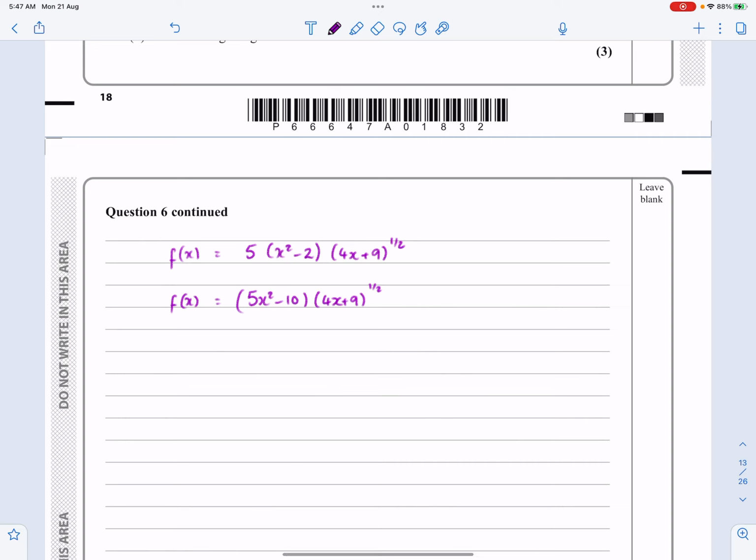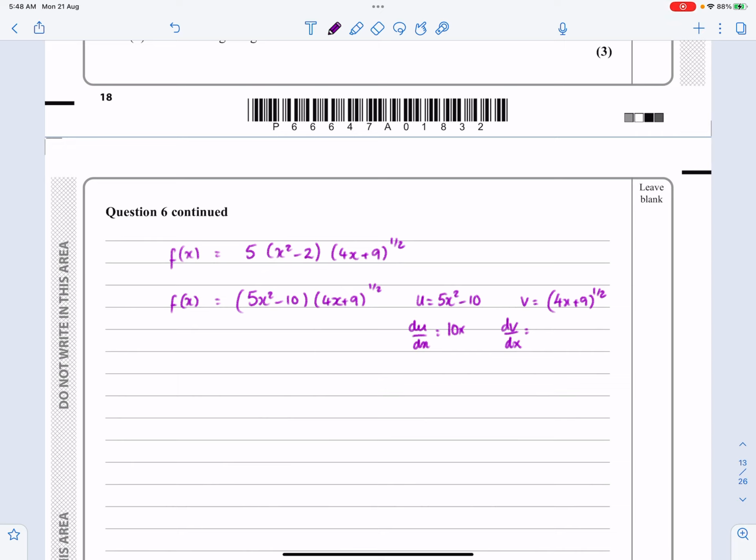I'm going to say u is equal to 5x squared minus 10, and I'm going to say that v is equal to 4x plus 9 to the half. Differentiating those then, differentiating 5x squared is just going to give us 10x, and I'm hoping that at this stage differentiating v here is not too much of a problem to you.